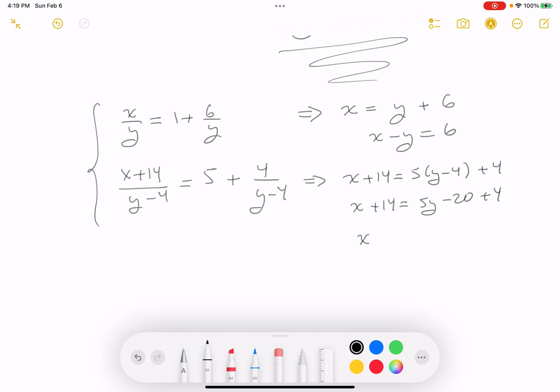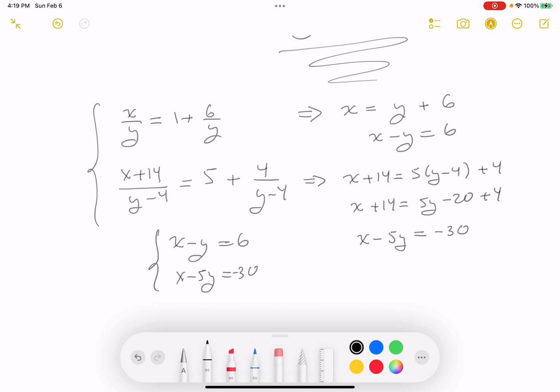I get x minus 5y equals, let's see what you get there, minus 16, yeah, minus 30. So I get a pretty simple system: x minus y equals 6, and x minus 5y equals minus 30.